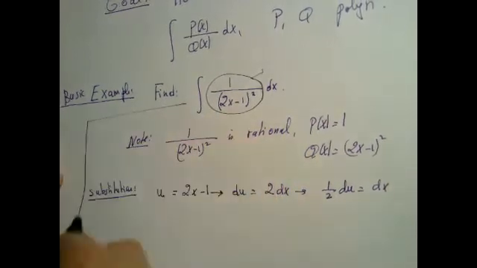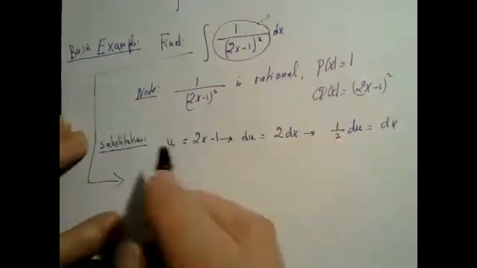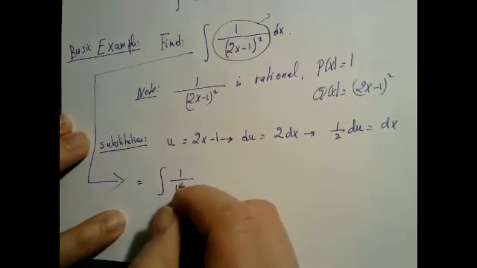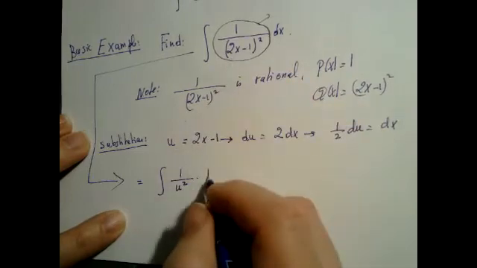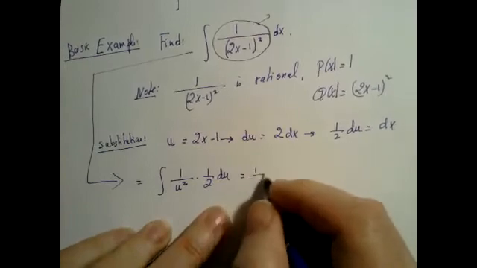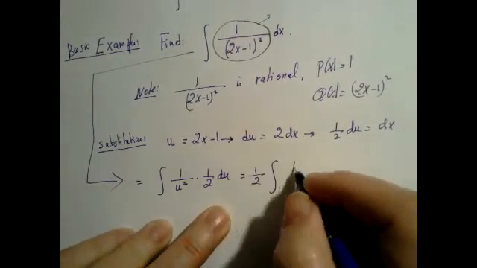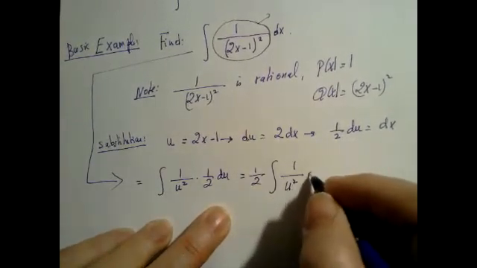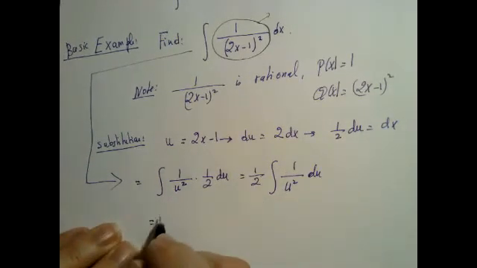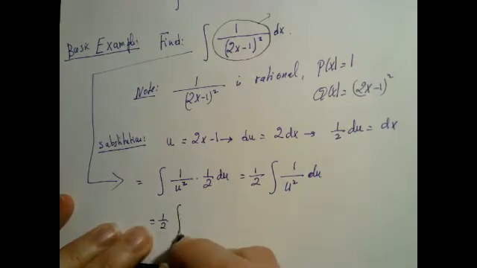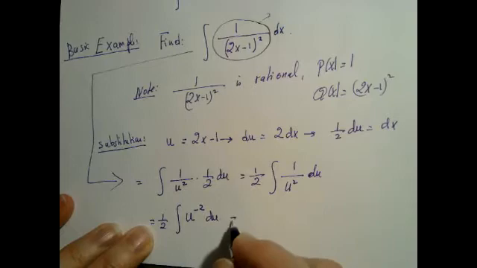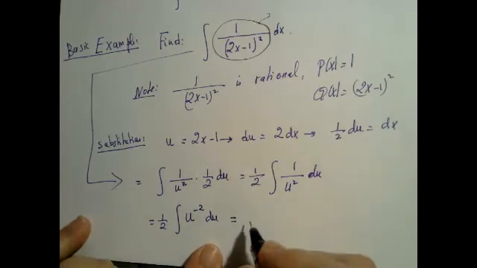Now let us find this integral. It equals the integral of 1 over u squared times a half du. Half is a constant, I pull it out. Antiderivative of 1 over u squared du. The only way I can find its antiderivative is to rewrite it as u to the -2 du. And the rest is something we've done. It's a half.